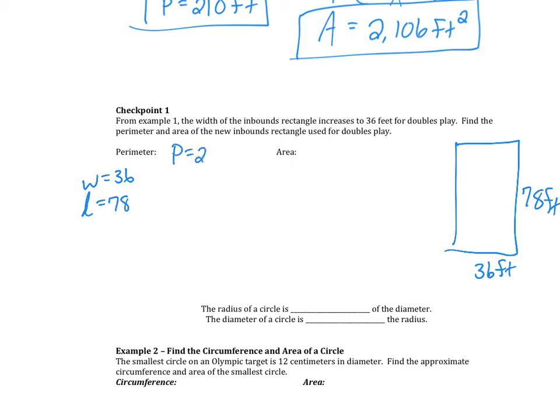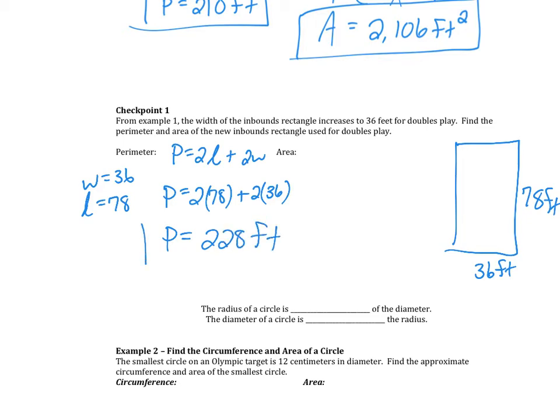So perimeter is 2L plus 2W. So it's 2 times 78 plus 2 times 36, which is 228. So the perimeter is 228 feet for a doubles court.